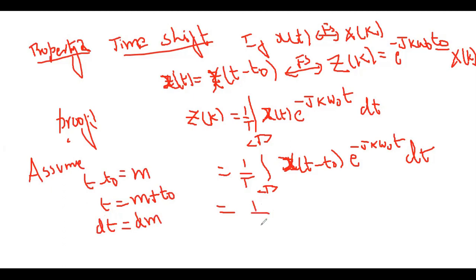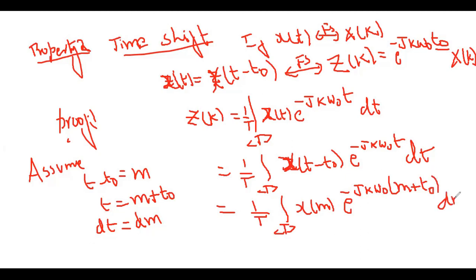So 1 by T, again the integral over T. Now x of t minus t naught becomes x of m, and e power minus j k omega naught, where t is replaced with m plus t naught, and dt is replaced with dm.